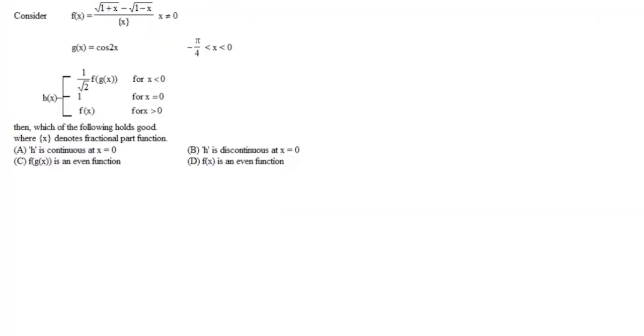Like the question is, we are given three functions f(x), g(x) and h(x), and we have to find which of the following is or are true. Now options A and B: h(x) is continuous or discontinuous at x equals 0.